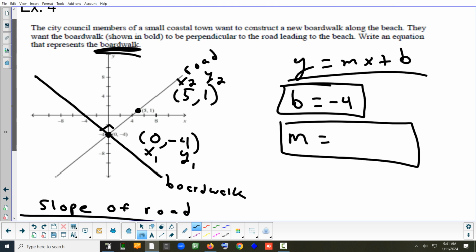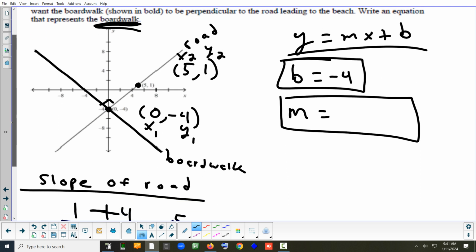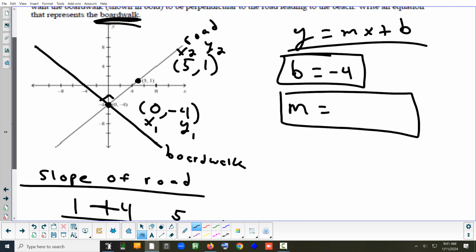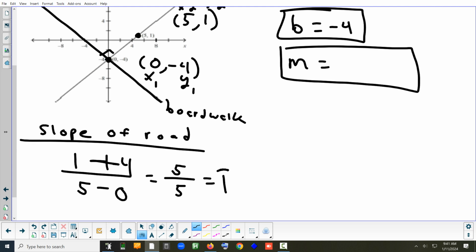We really need the slope of the what? We need the slope of the boardwalk. And what's the connection between the road and the boardwalk? They're perpendicular. So what would you have to do to that number to make it the slope of the boardwalk, knowing it's perpendicular?